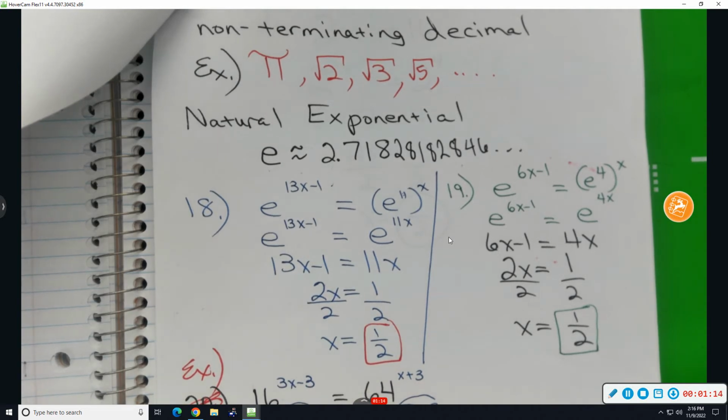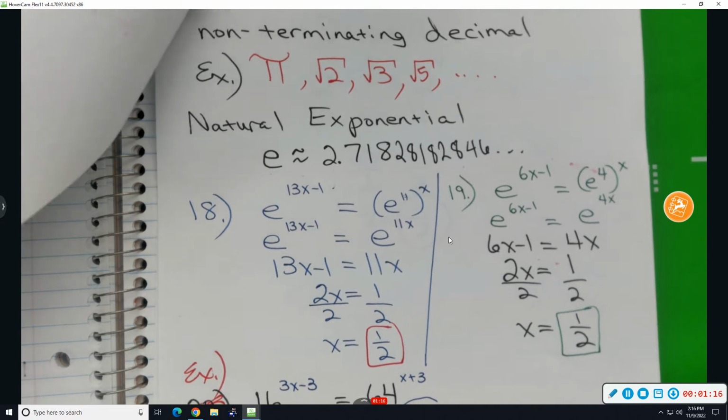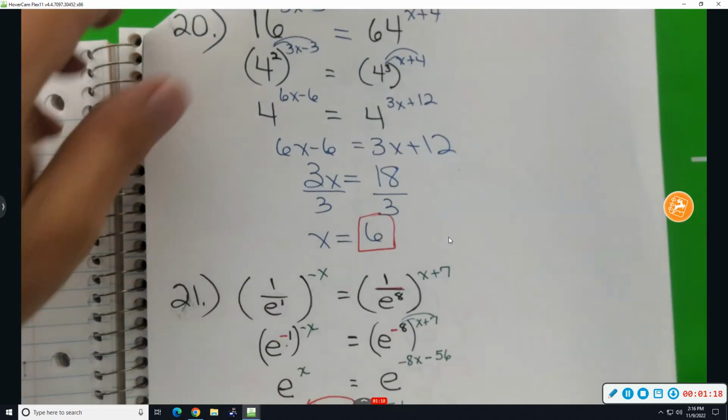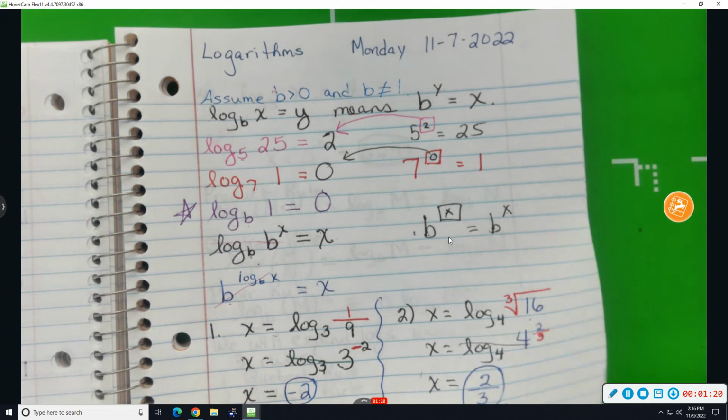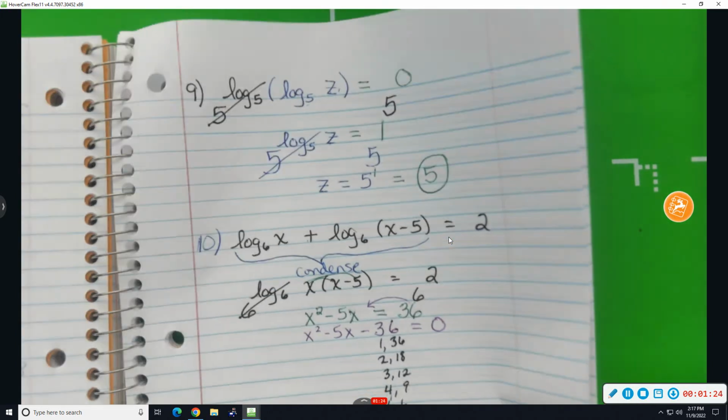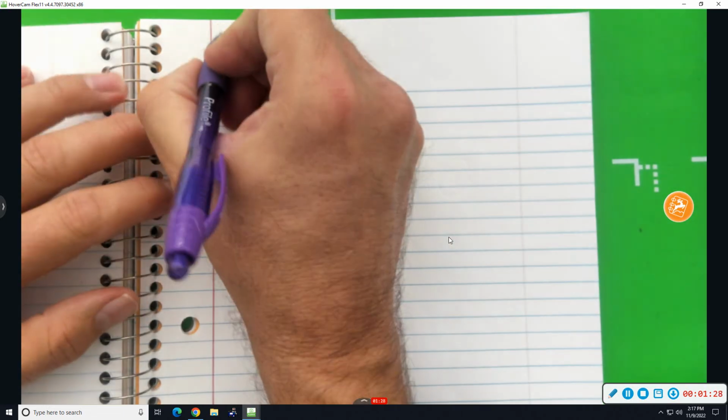How do we solve an exponential equation without a common base? So this is going to be, I should have already labeled this.